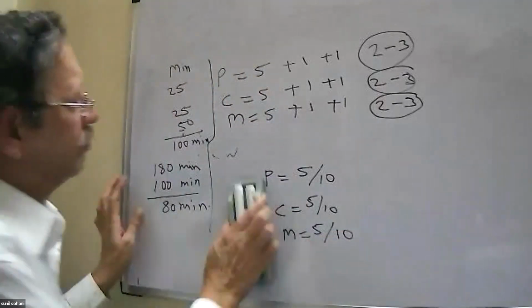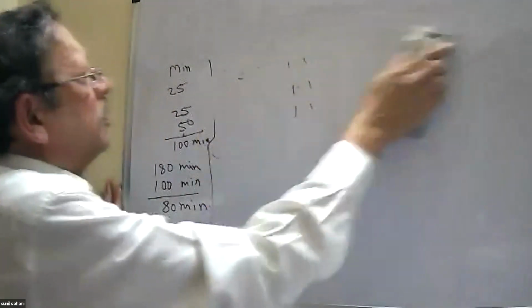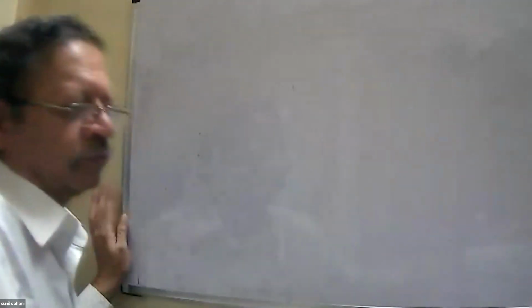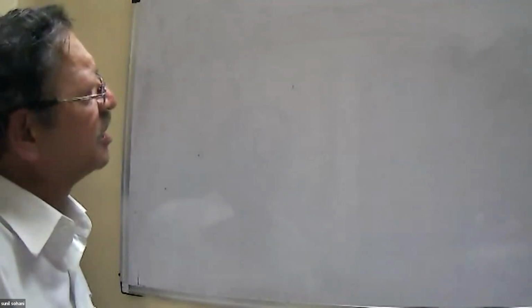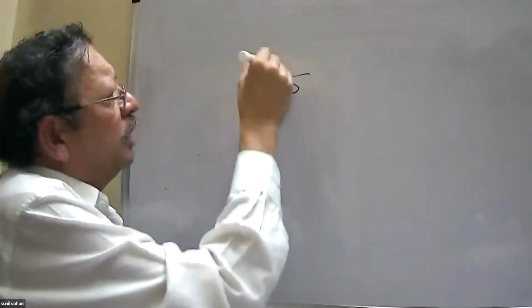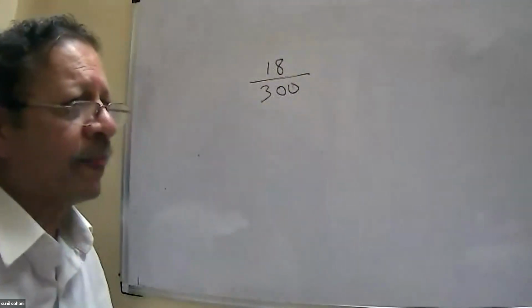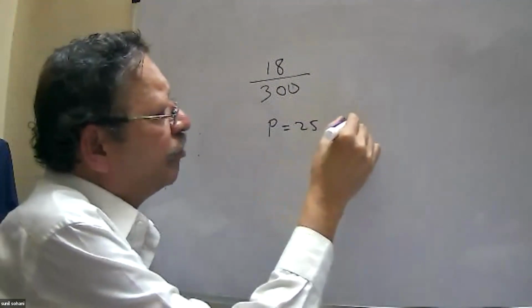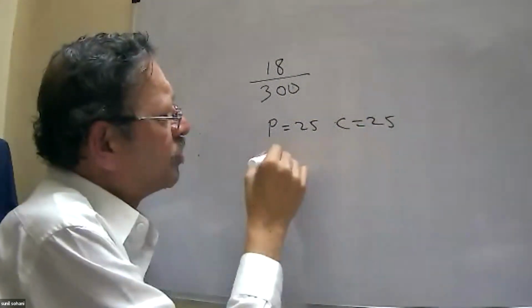Explaining point number two. In the last test which happened, there were 300 students, and I believe they selected only 18 students with a cutoff of physics 25, chemistry 25, and maths 20.